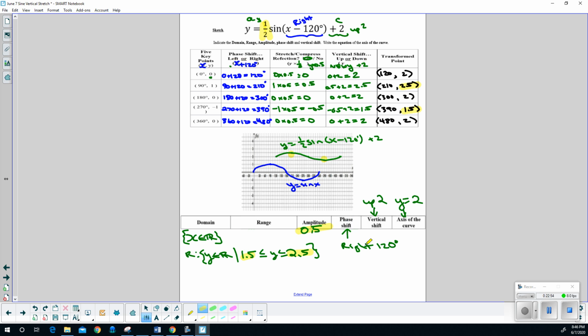My phase shift, so that's how far over it goes. That's my D value, so that's the 120 to the right. My vertical shift is how far up it goes, so that's my plus 2. In my equation, that's my plus 2, and that is also the equation of the axis of symmetry. And there you have it, folks. All done.